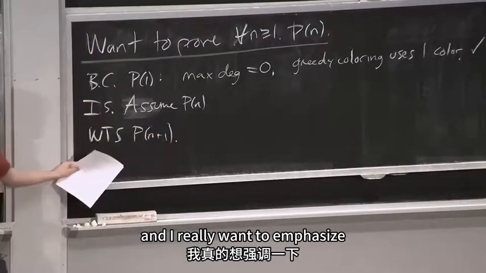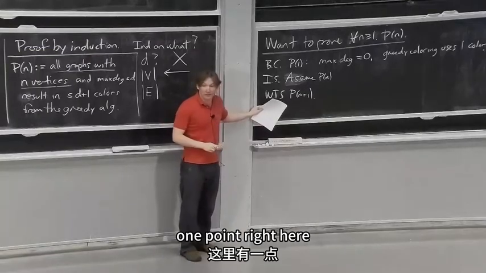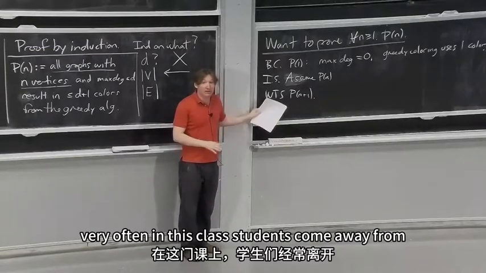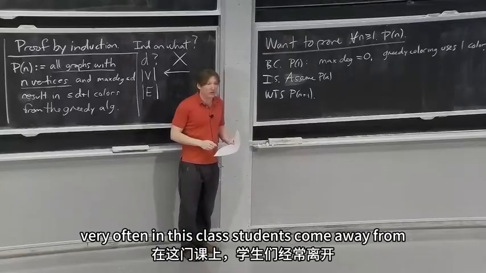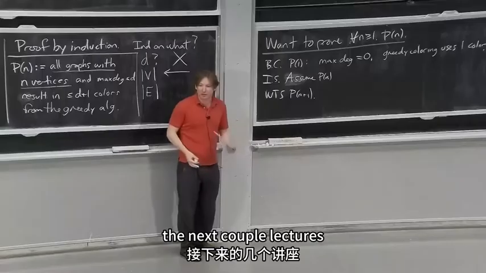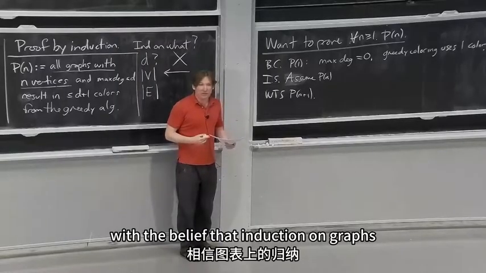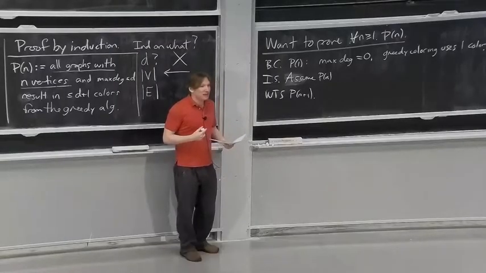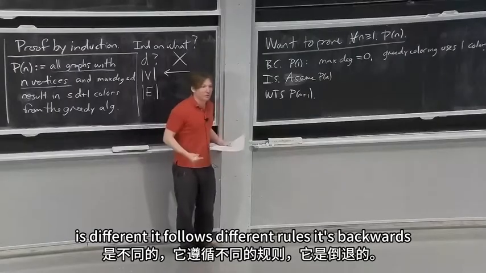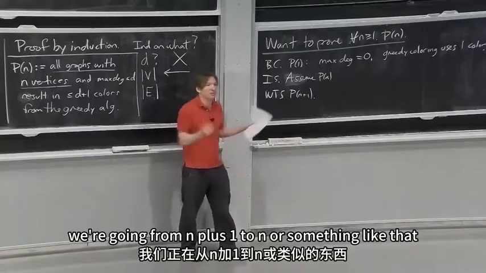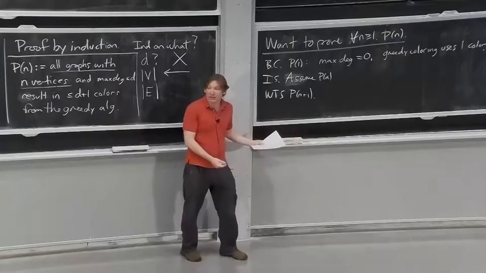And I really want to emphasize one point right here. Very often in this class, students come away from the next couple lectures with the belief that induction on graphs is different. It follows different rules. It's backwards. We're going from n plus 1 to n or something like that.